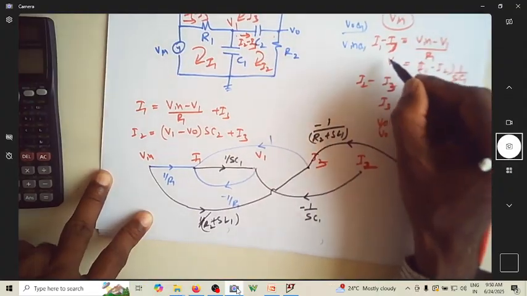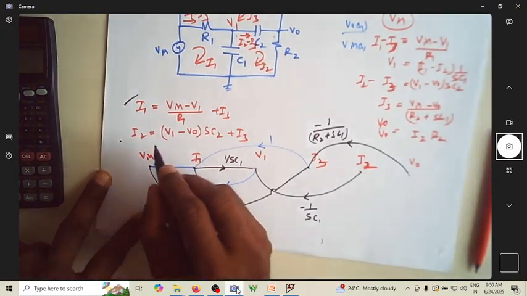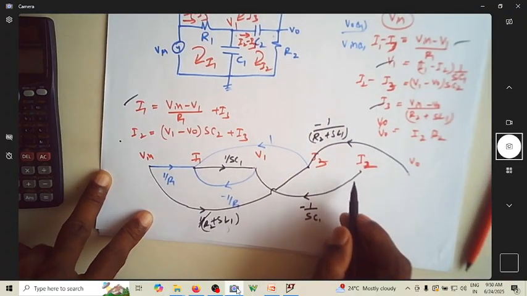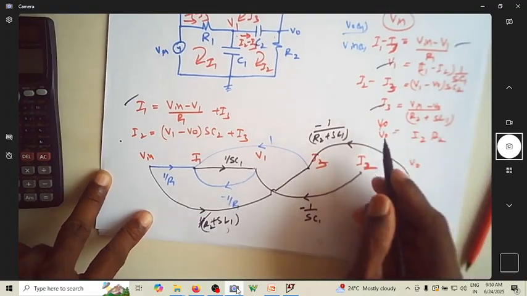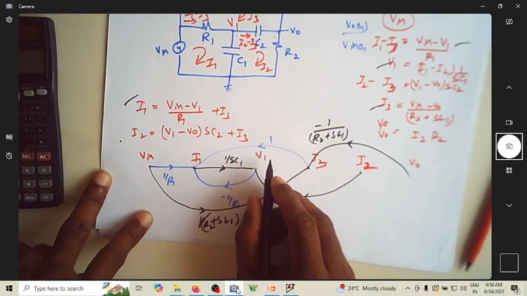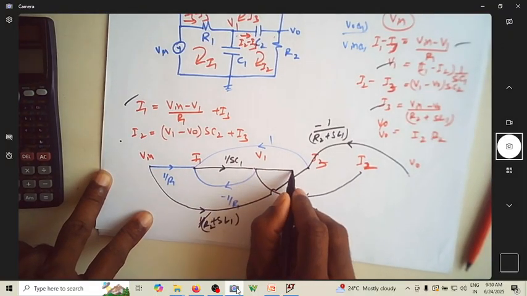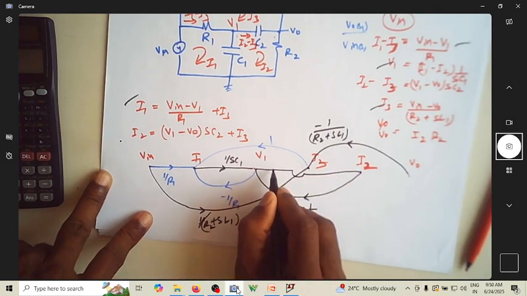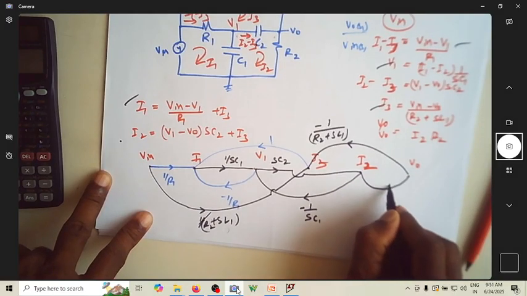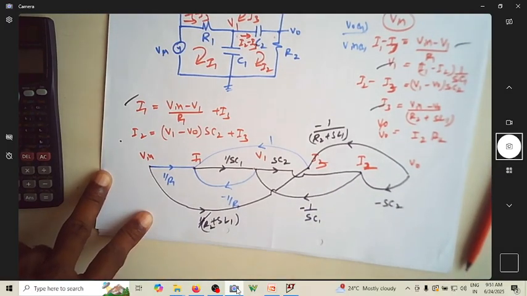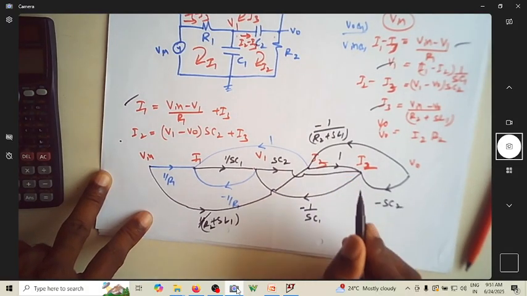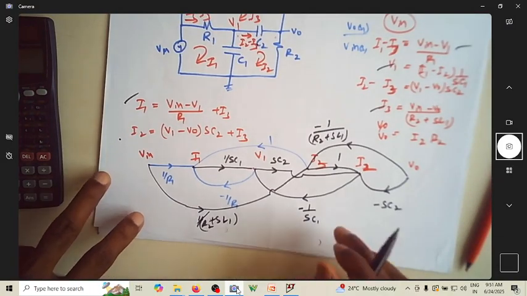I3 is done, so we are done with I1. I1 is done, V1 is done, I3 is done. How about I2? I2 is equal to V1, this is SC2, and this is minus SC2 for V0, and I3 is going positive. This is one. Correct.